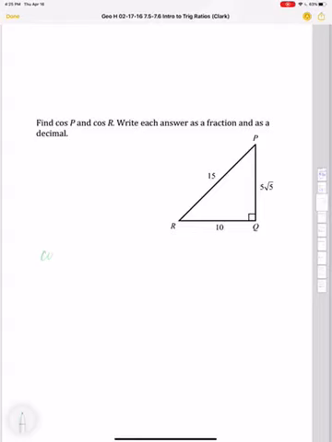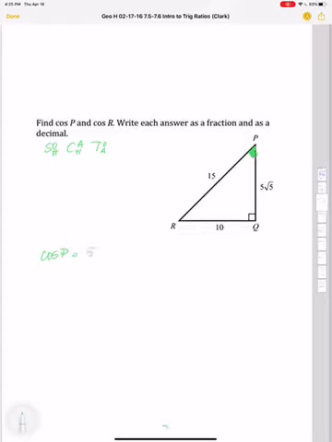So cosine of angle P means I'm standing here, and I'm going to write it out. What is there? SOHCAHTOA. So cosine is adjacent over hypotenuse. So from here, what side is adjacent to me? Adjacent means next to.